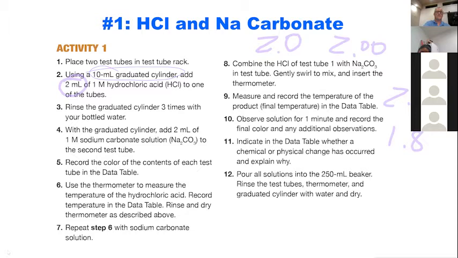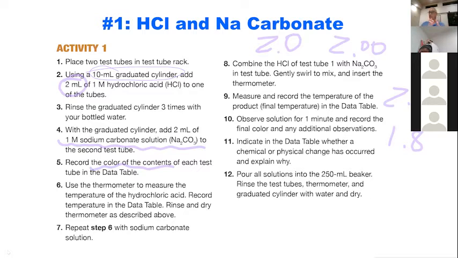So we're going to look at what happens when we add hydrochloric acid to sodium carbonate. So remember, we're going to mix them together, and record the color in the data table. Tonight's report is really pretty simple.